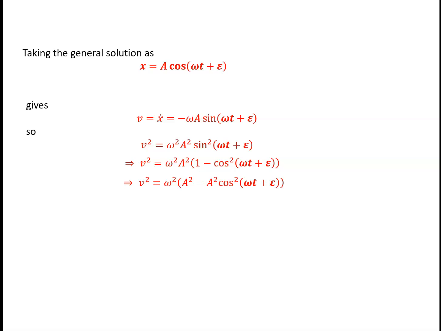Multiplying the a squared through the bracket gives me v squared is omega squared times a squared minus a squared cos squared(omega t plus epsilon). But a squared cos squared(omega t plus epsilon) is just x squared. So what we've got is v squared is omega squared times a squared minus x squared.